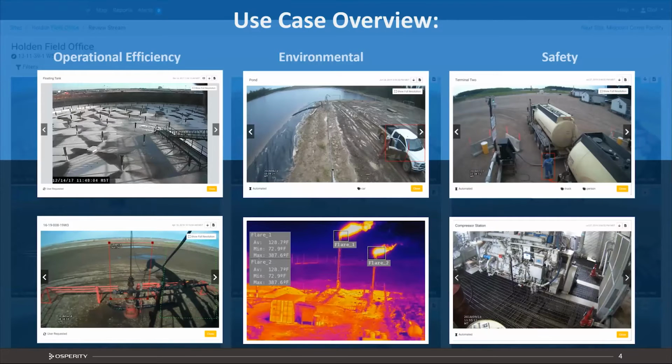Just to give you a few areas that we work in the energy space. Right now, as an organization, we have 54 unique clients in North America and Australia.